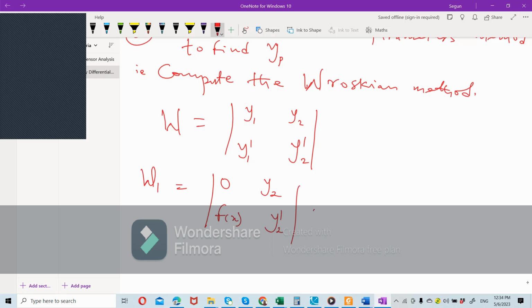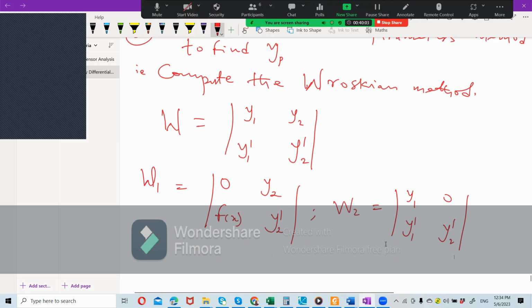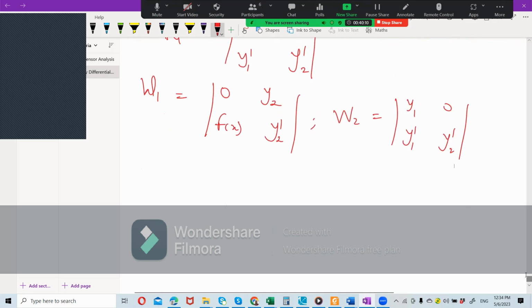Also, we have W2 to be y1, 0, y1 prime, y2 prime. So that's the method of Wronskian. Please write those methods down because you will need them.